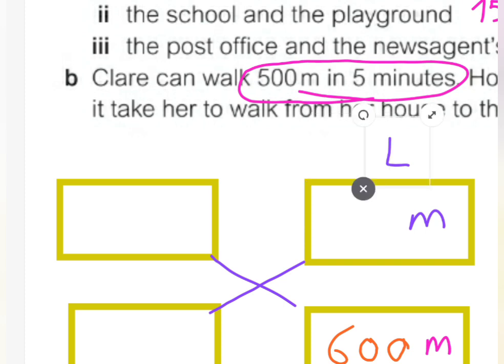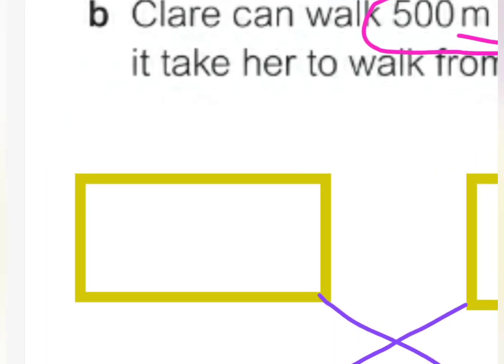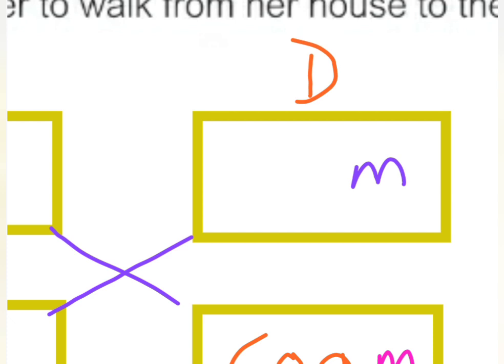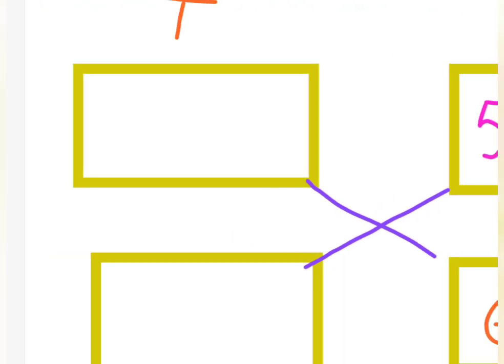Now the question said what? It said 500 meters in 5 minutes. So I'm going to put the distance here and the time here, okay? Now they said it's 500 meters in 5 minutes. So I'm going to put 5 here. 5 minutes.